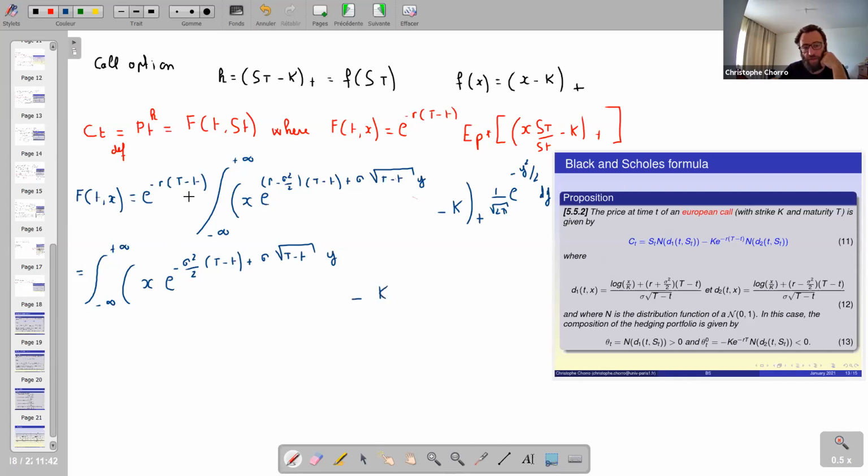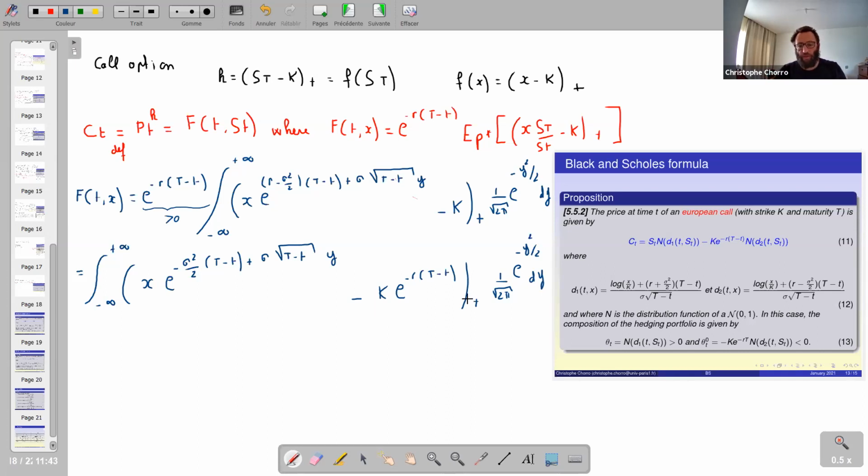I have the right to make this one enter here because this one is strictly positive. I have something strictly positive, so I can make it enter in the plus mapping here, plus 1 over the square root of 2 pi exponential minus y squared over 2 dy.